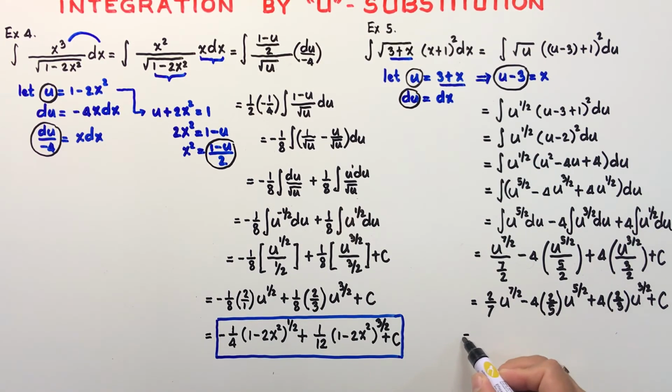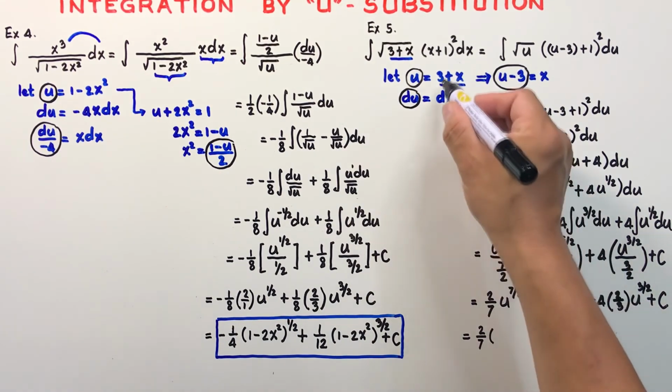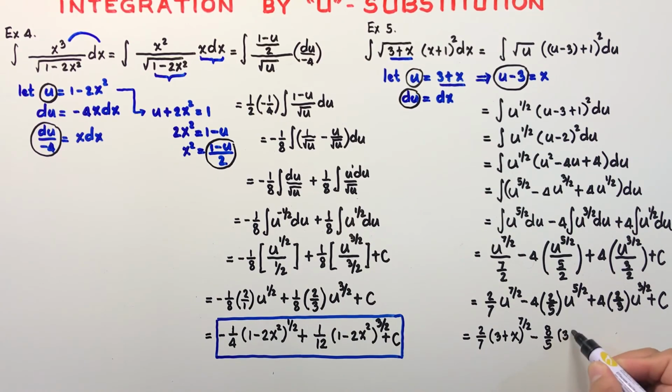So we have 2 over 7 times u, which is 3 plus x raised to the exponent 7/2, minus 8 over 5 times u, which is 3 plus x to the power 5/2, plus 8 over 3 times 3 plus x to the power 3/2, and this will be added to the constant of integration c.